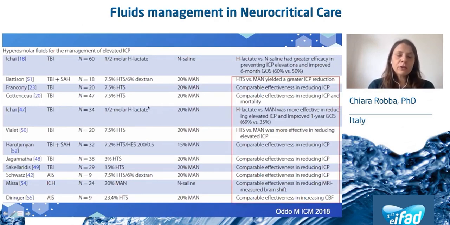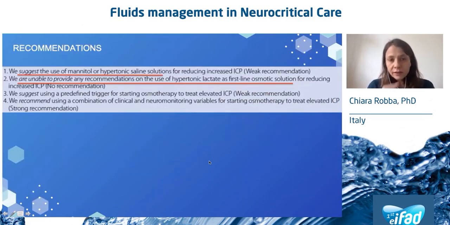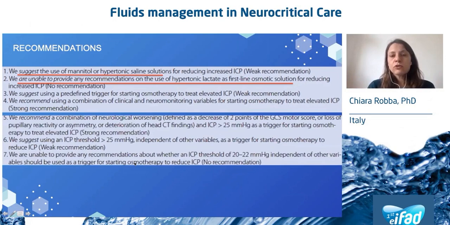And as I mentioned before, studies comparing hypertonic saline versus mannitol did not show basically definitive differences in terms of efficacy. And therefore the recommendations are saying that we suggest the use of mannitol or hypertonic saline to reduce ICP, so not for resuscitation, but to reduce ICP. They are not sure regarding which one of the two is best.